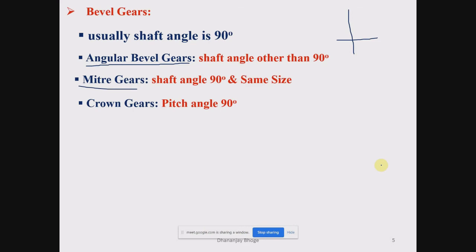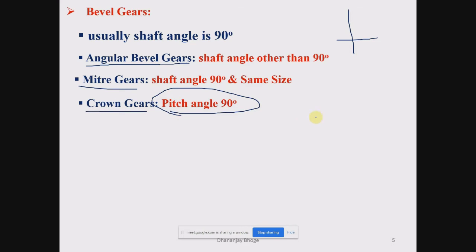If the pitch angle of bevel gear is 90 degrees, we will call such gear as crown gear. Of course, we will see what is pitch angle. Okay, in subsequent slides, we are going to see what is pitch angle.